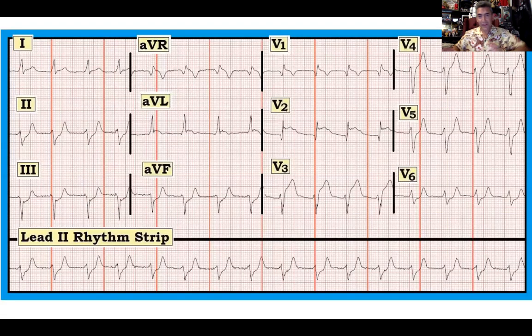We do a 12 lead, and this is the information that we're provided. Why do they call it a 12 lead? Well, we have 1, 2, 3, the 3 leads that are actually part of the Eindhoven triangle. Then we have these other leads that are calculations. So 1, 2, 3, 4, 5, 6, 7, 8, 9, 10, 11, and 12.